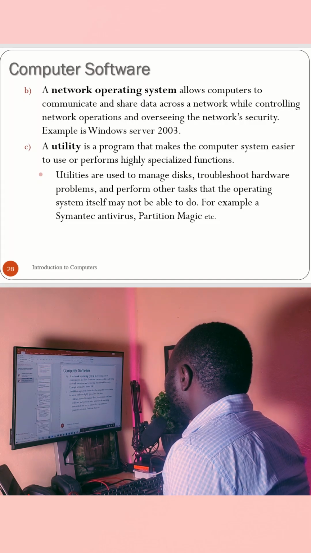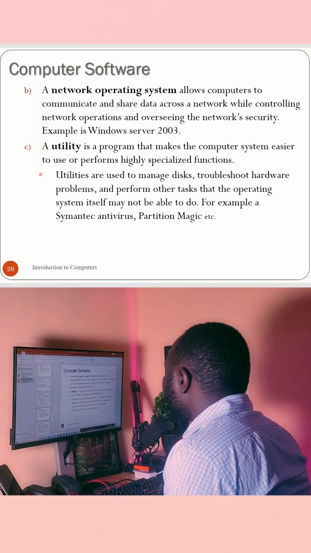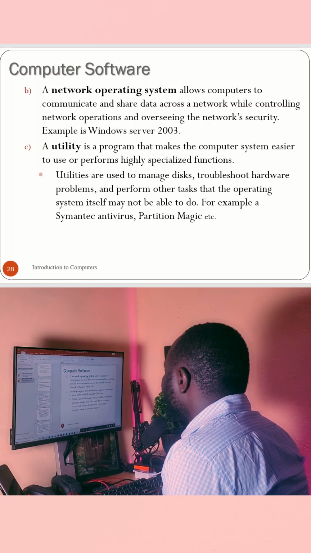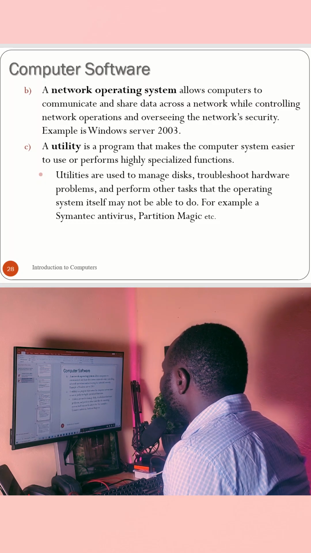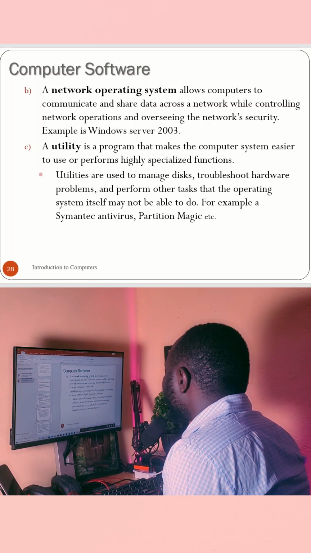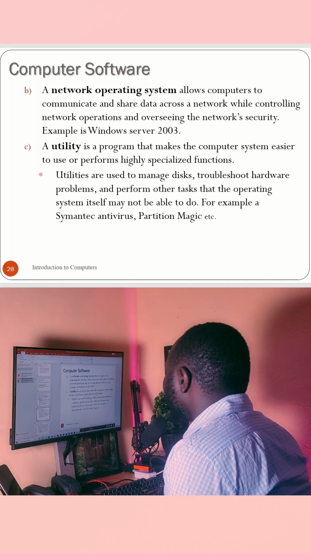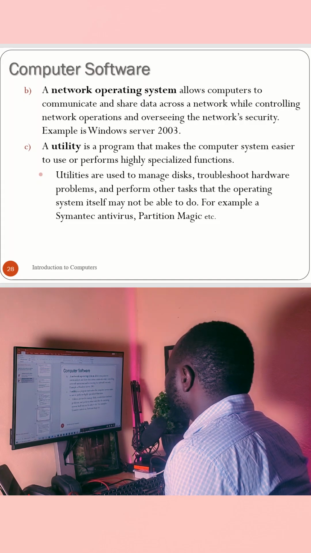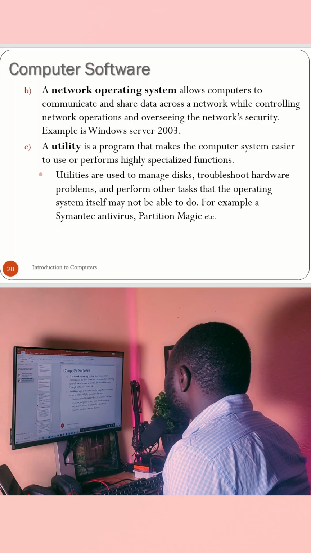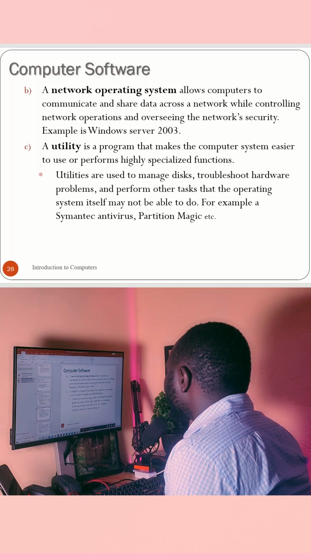One of which they have given us is troubleshooting. What is to troubleshoot? In computing, troubleshooting is trying to identify a problem within the computer and then solving it. If we are talking in medical terms, we would term this running a diagnosis. Like when you go to the hospital and you say you're sick because of this and that, the doctor tries to solve what you're suffering from, but they have to first diagnose you, identify the problem, and solve it.